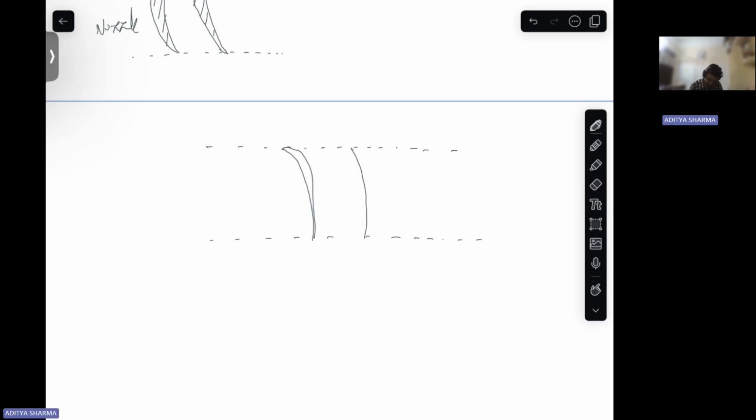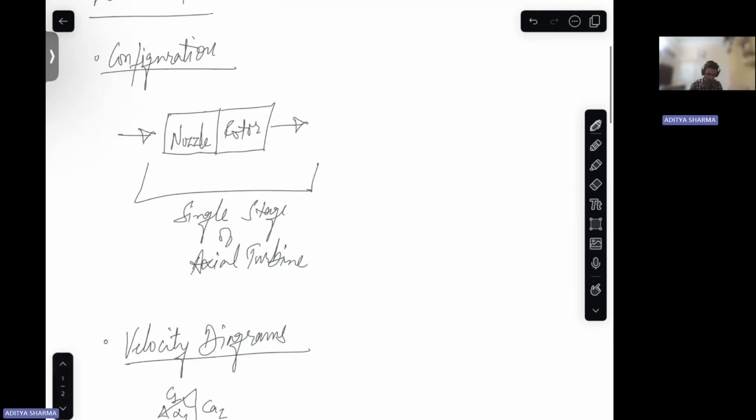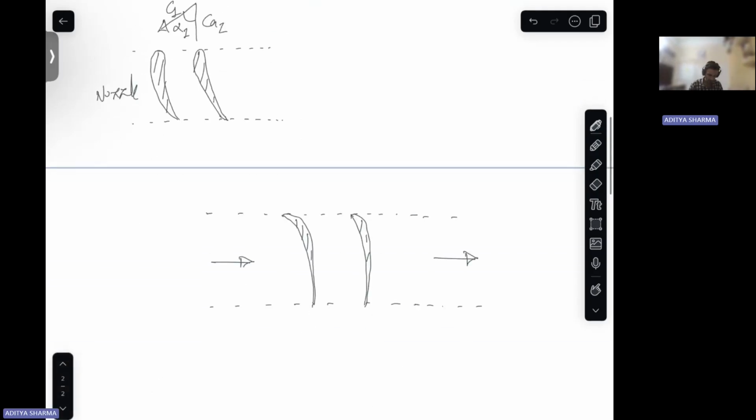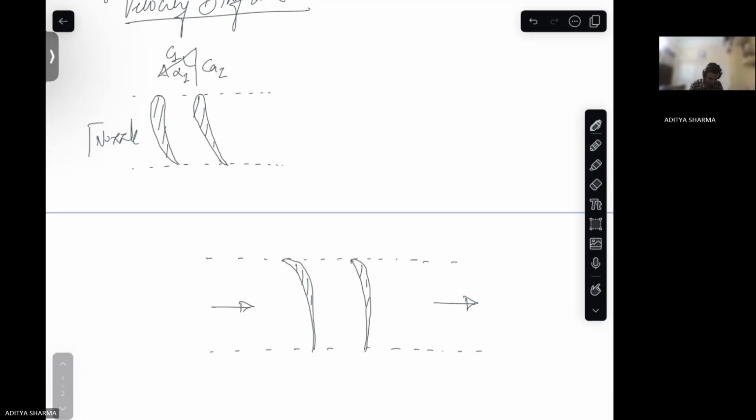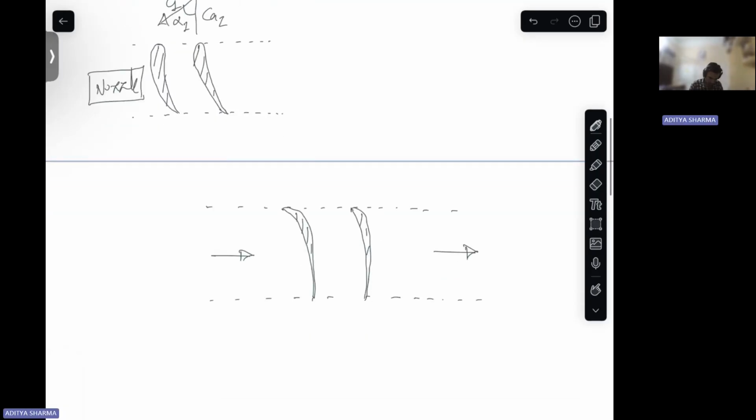This again is the cross sectional view, okay, of your rotor blades. So when we are saying this configuration nozzle and rotor, this is your nozzle and this is your rotor. Okay. So your nozzle blades will remain stiff and your rotor blades will move. So with this direction we have shown that this will move.